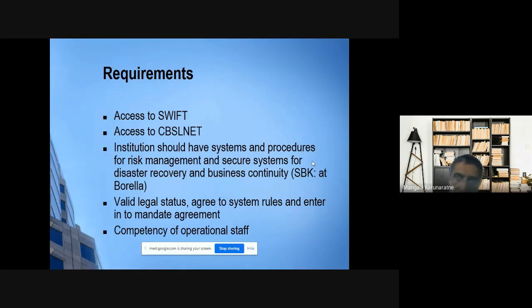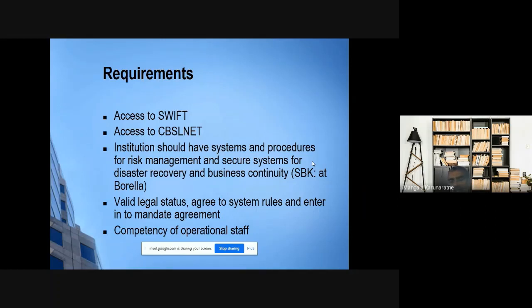Otherwise also you can, but there can be different situations. I mean, more frequent situations where you need to use the DR site. With a manual system, of course, you can take all the books and go to another place quickly and start business, right?